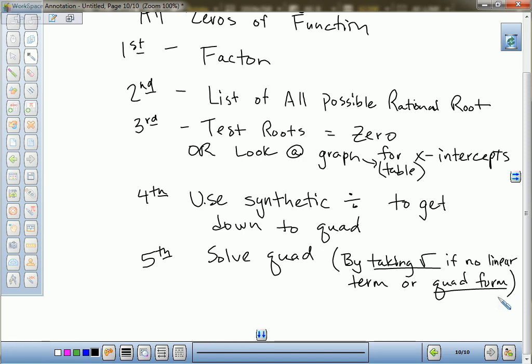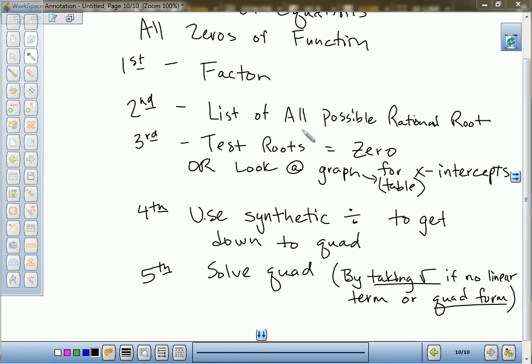Alright, now, sometimes we could test all of our possible rational roots and none of them would work. Sometimes all of our roots are either irrational or imaginary.